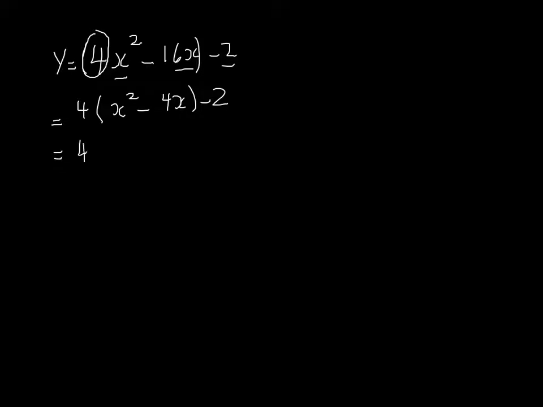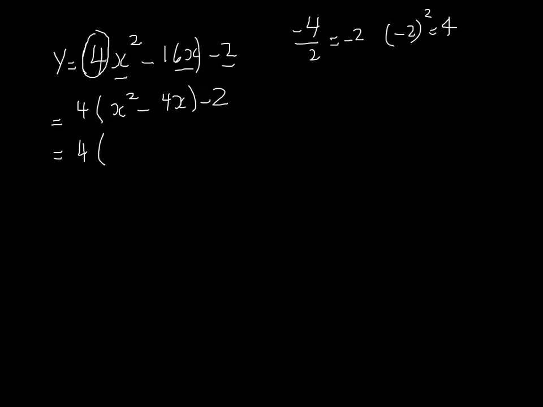Now, look inside the bracket, at the coefficient of the x term, which is negative 4. Divide negative 4 by 2, always divide by 2, so you get negative 2. Then square negative 2, so you get negative 2 squared, which is 4.